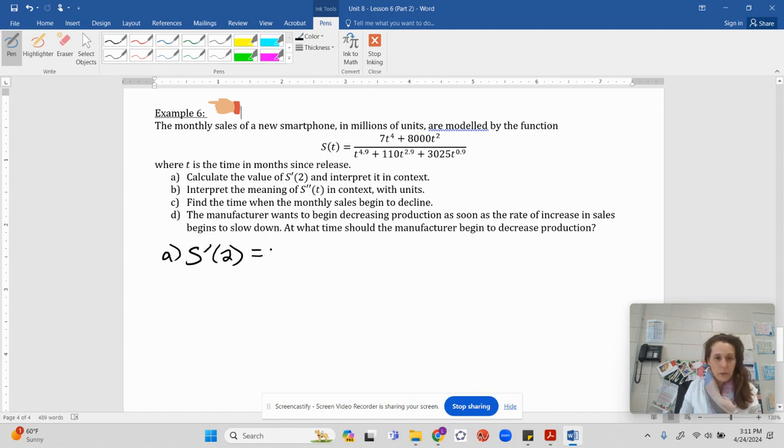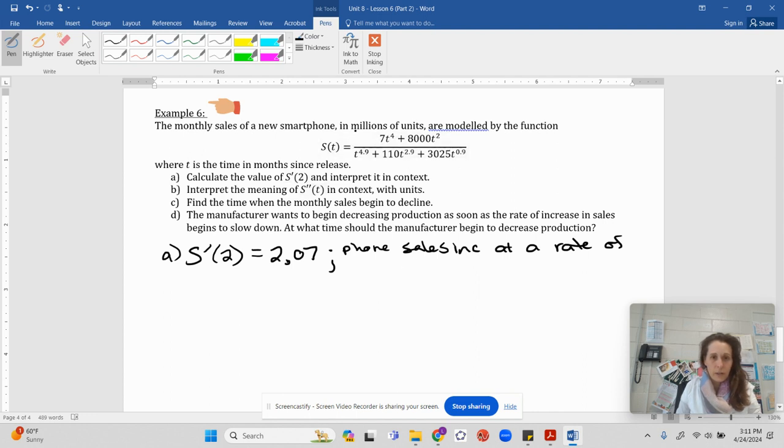So S prime of 2 is 2.07. In context, that means phone sales increase at a rate of 2.07, and this is in millions of units.